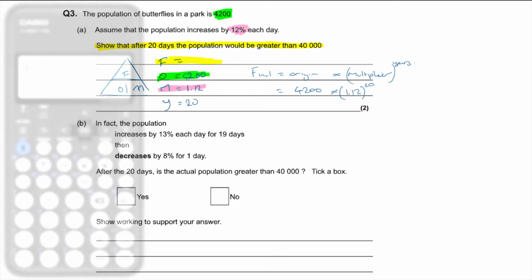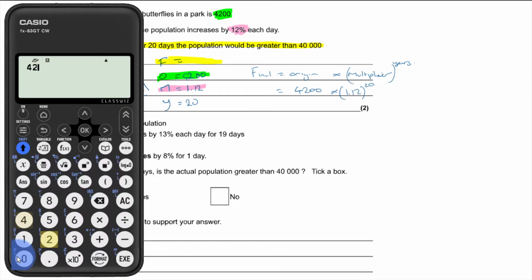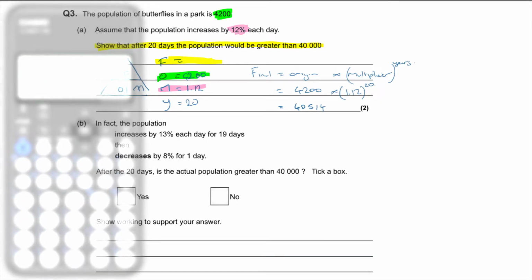So let's type that into the calculator: 4200 times 1.12 raised to the power of 20, and that comes out to be a whole lot of butterflies. That's 40,514 and a bit of a butterfly, which I'm just going to try not to think about.